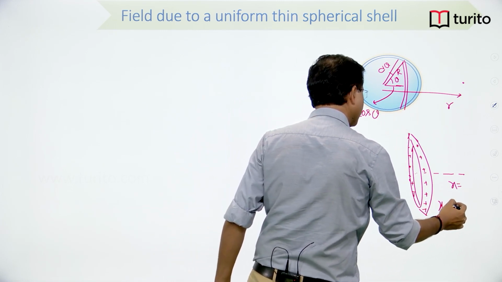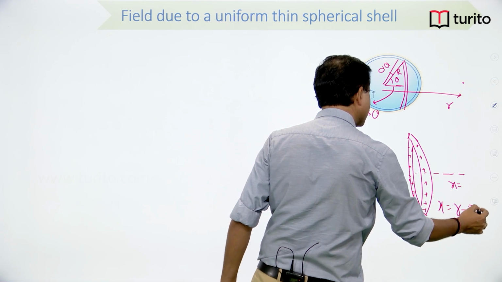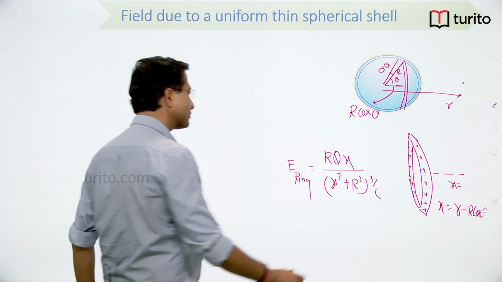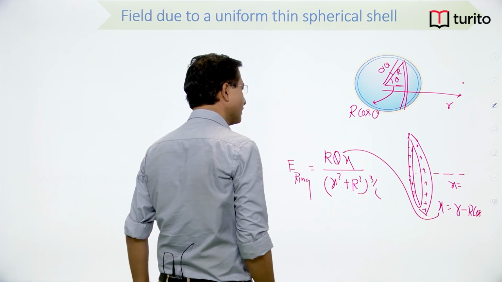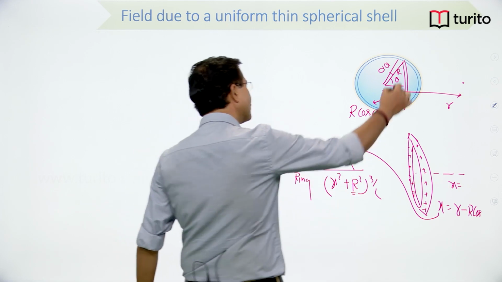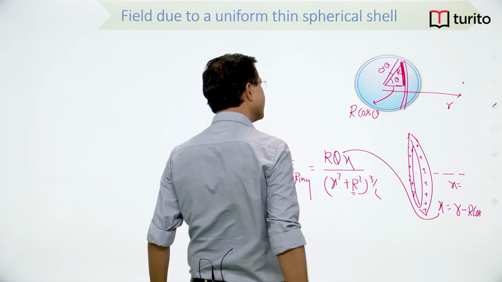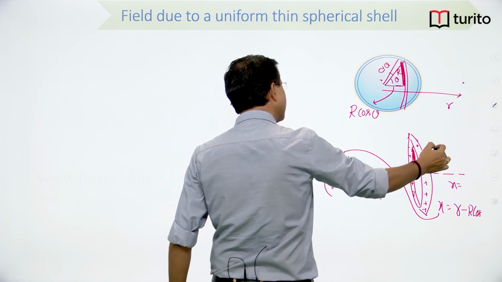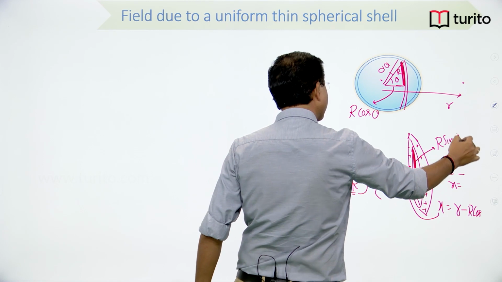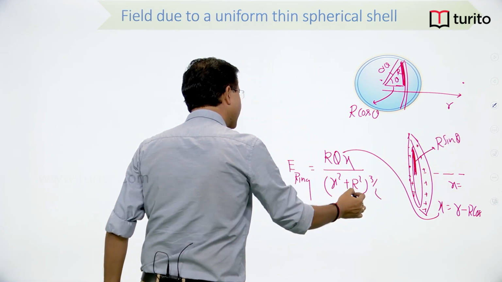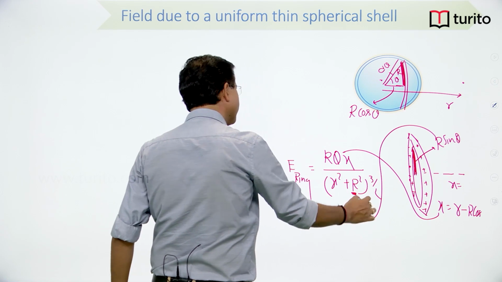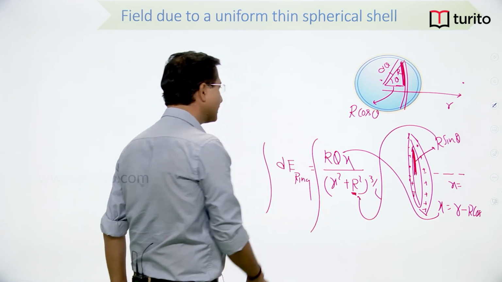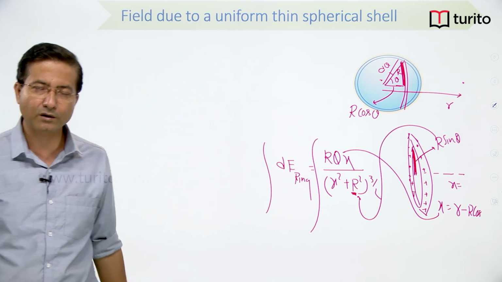So x will come small r minus r cos theta, right. So that I will substitute here, right. And the radius of the ring, look at this one, if this is r, in front of that this will be r sin theta. So the radius of the ring will be r sin theta. I will substitute in place of the radius of the ring, r sin theta. This is the field produced by a ring. If I integrate, then I will get the total field. This is one way of doing, right.